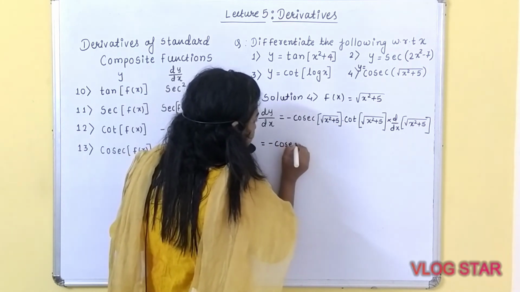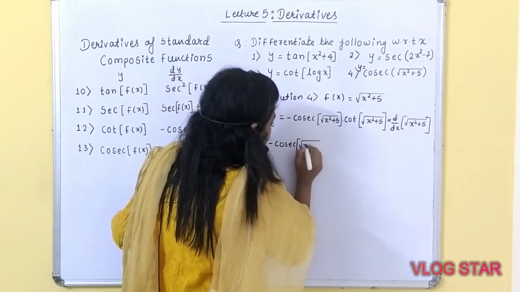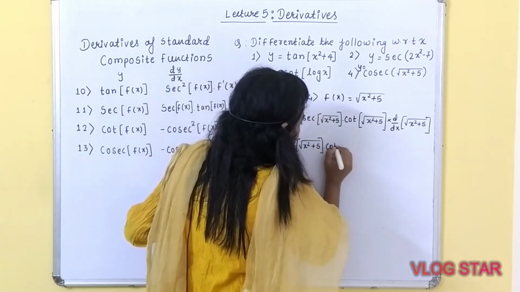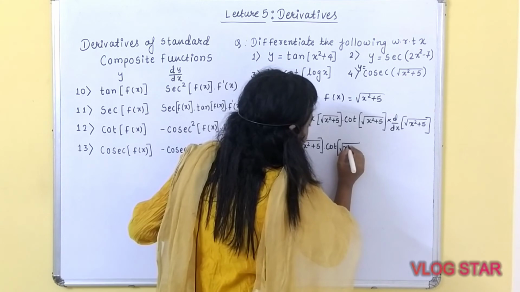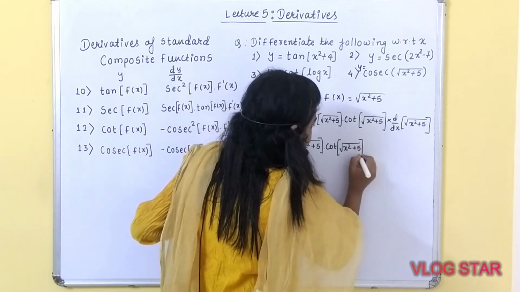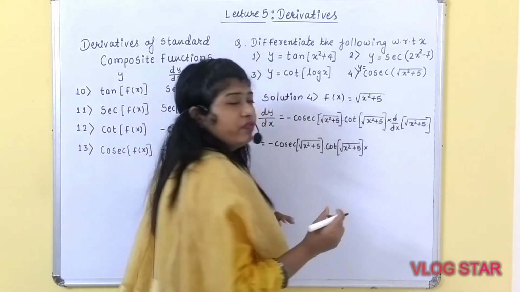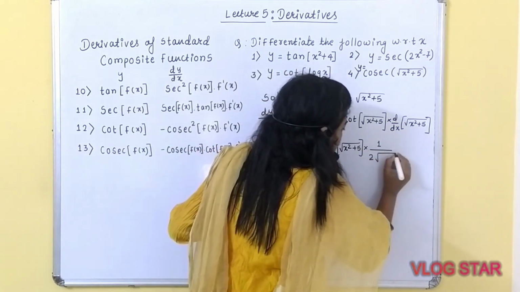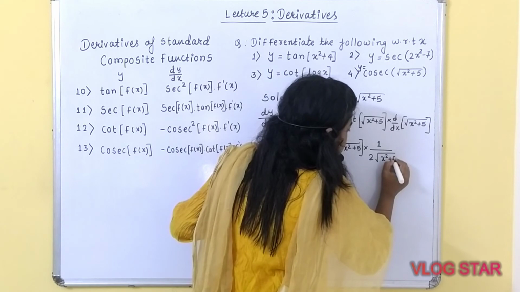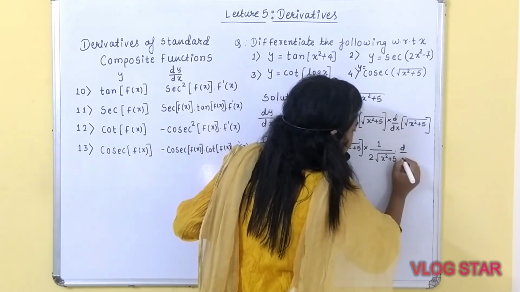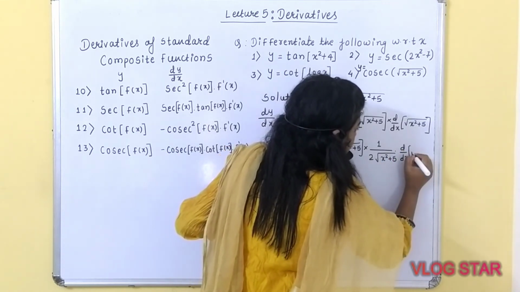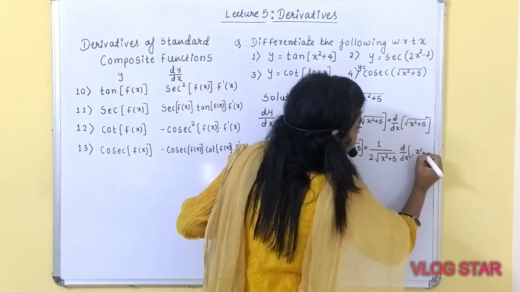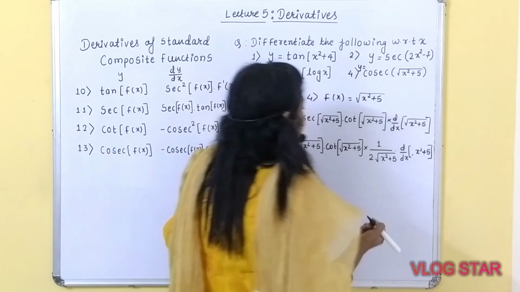So how we are going to write down the next step? Minus cosec under root of x square plus 5 into cot under root of x square plus 5 into derivatives of root x, which is given by 1 upon 2 under root of x square plus 5 into derivatives of f of x, that is x square plus 5.